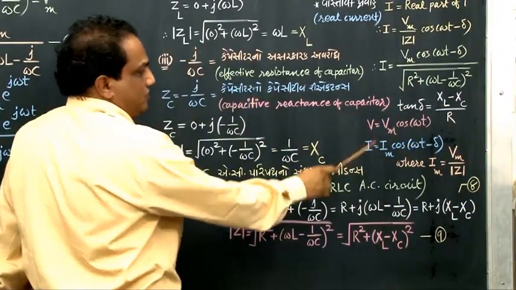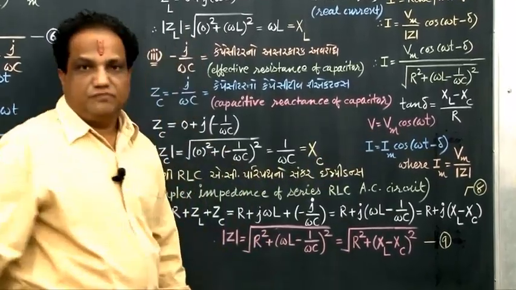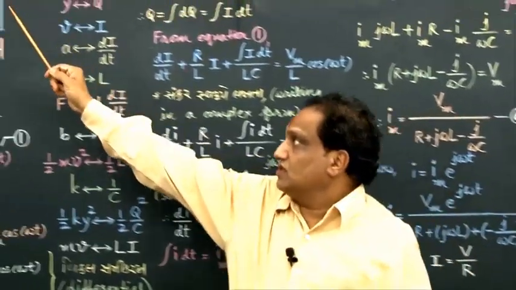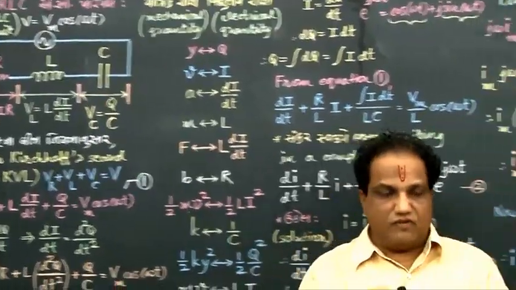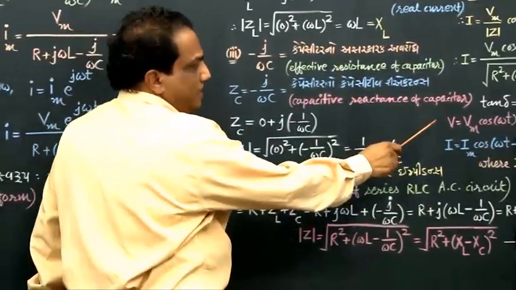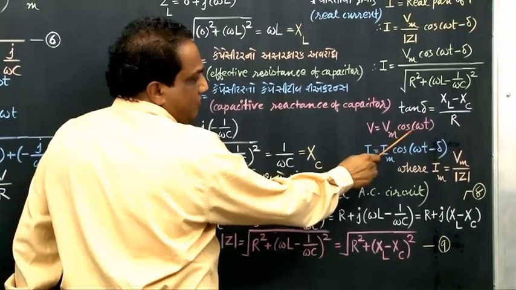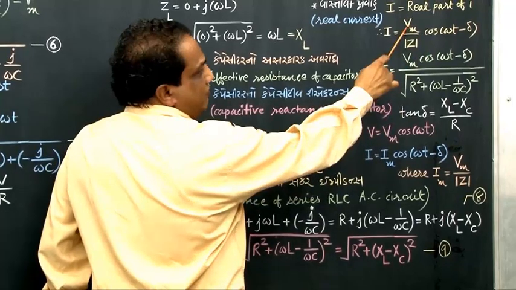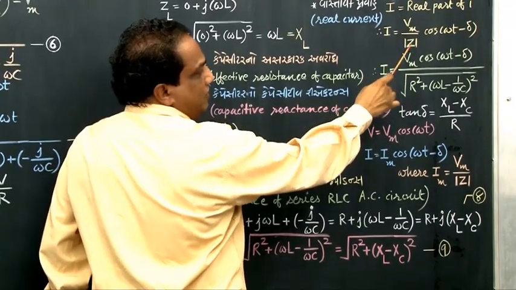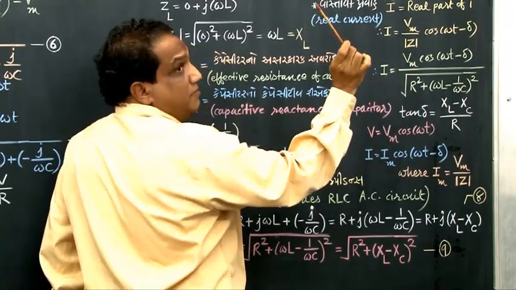Wait. What was the equation of alternating voltage? Equation of alternating voltage was V equals Vm cos of omega t. And now tell me, maximum voltage upon resistance will give you maximum current.